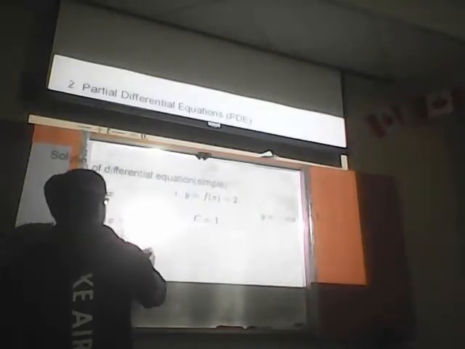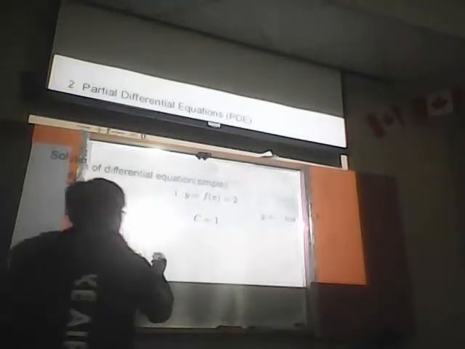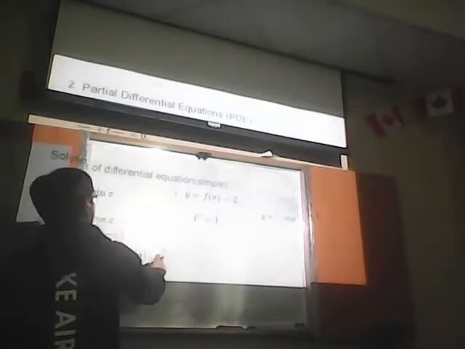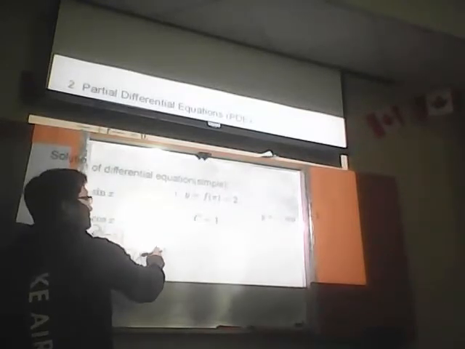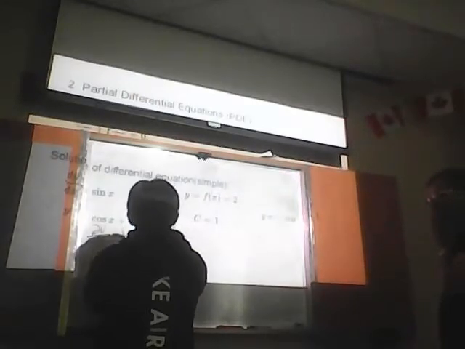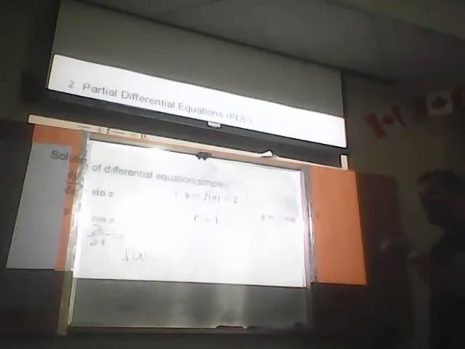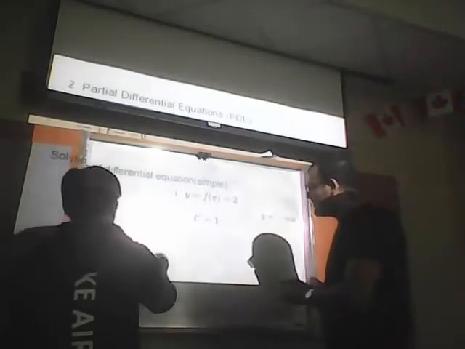If x is one, it uses this code. Delta? Oh, let me remember. Oh no, this one: f of x plus delta x. That's what we did.